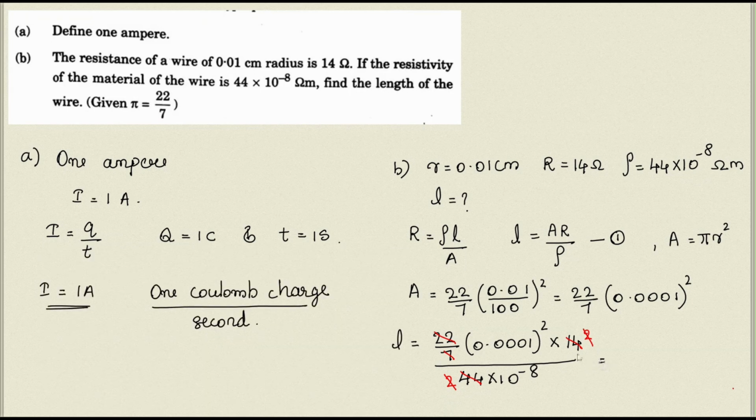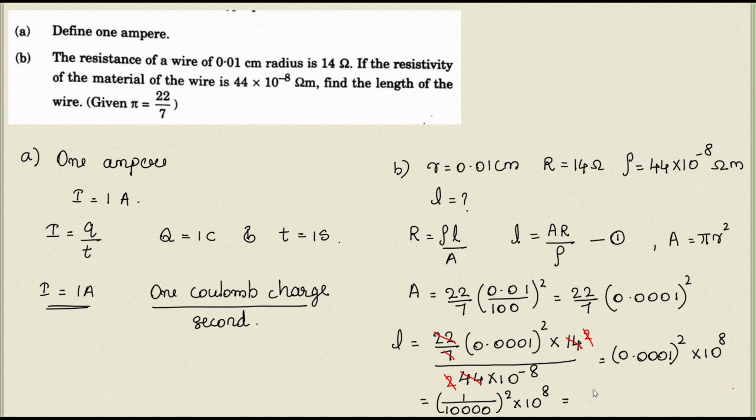This 10 raised to minus 8, power of 10, it is better to simply not touch it. You can take that to the numerator. So it becomes 0.0001 whole square into 10 raised to 8. Now, 0.0001 is basically 1 by 10,000, whole square, into 10 raised to 8.